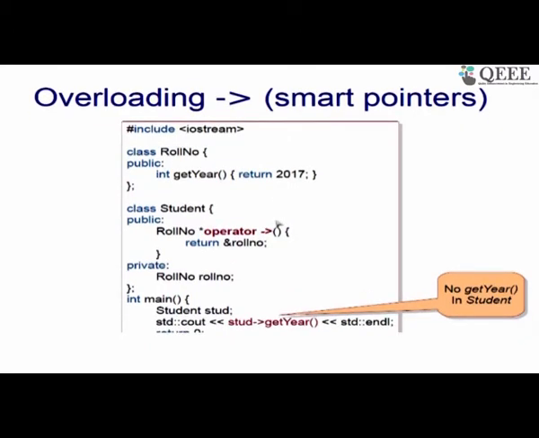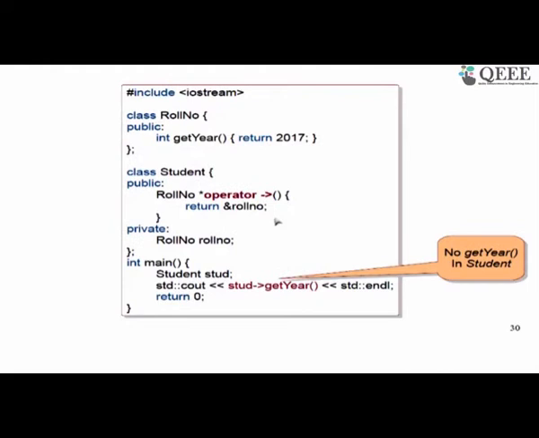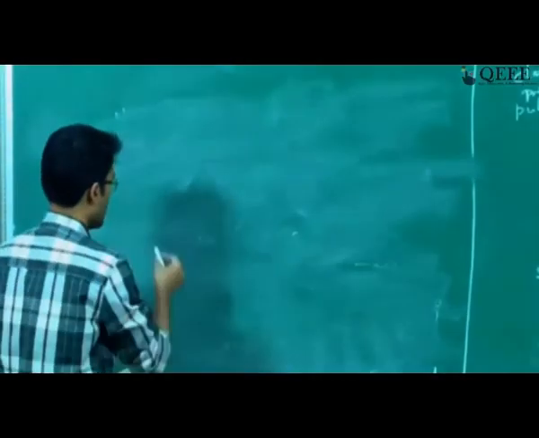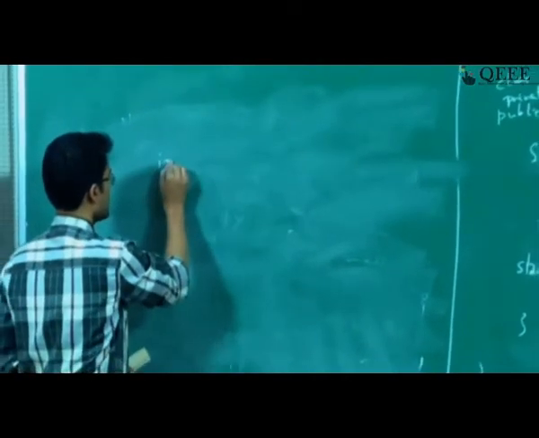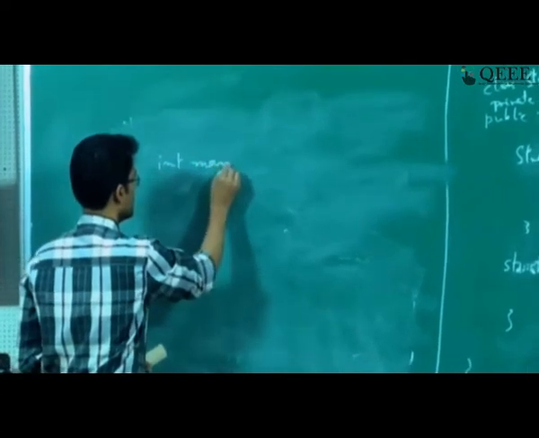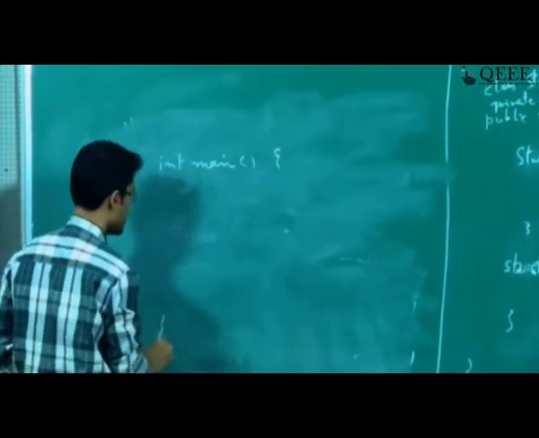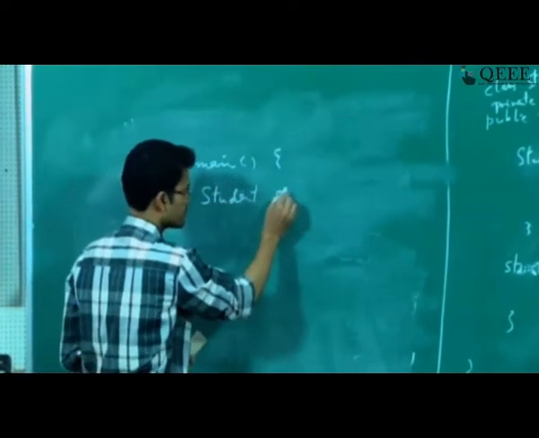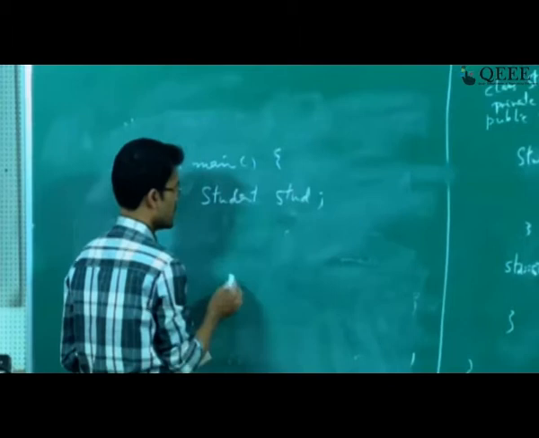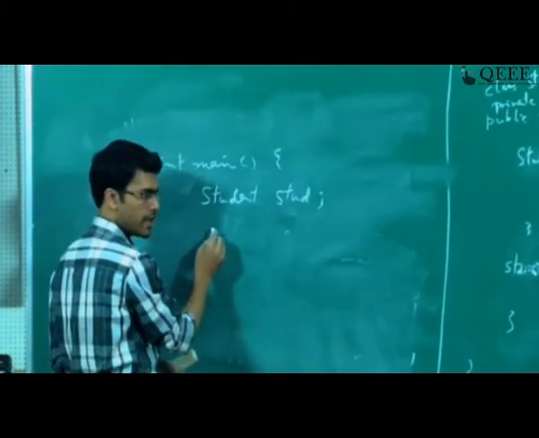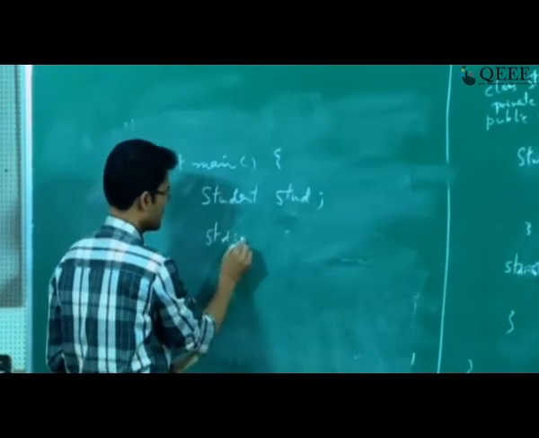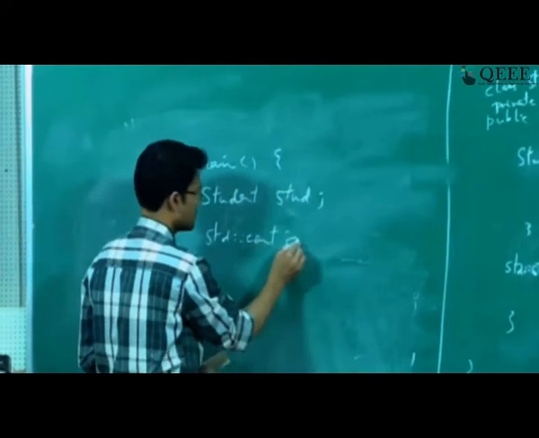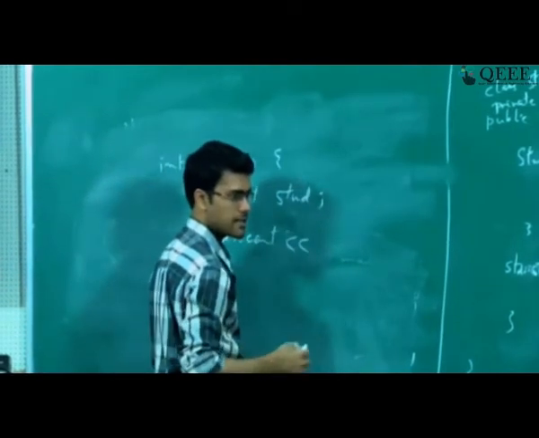So let's understand that piece of code. The main is essentially going to create a student, and let's say the initialization is happening somewhere.